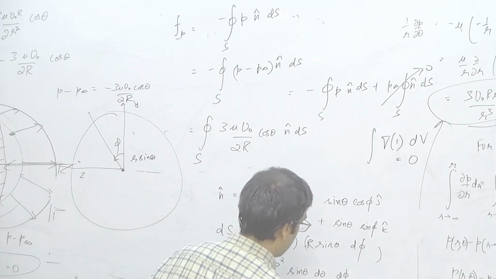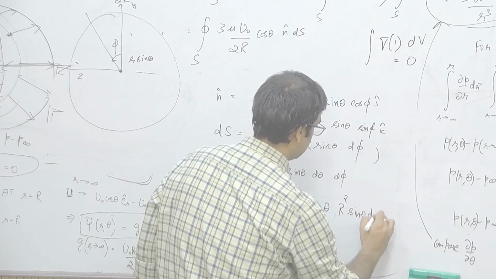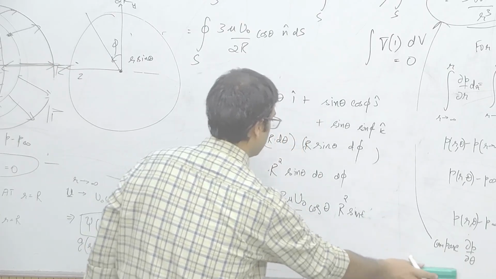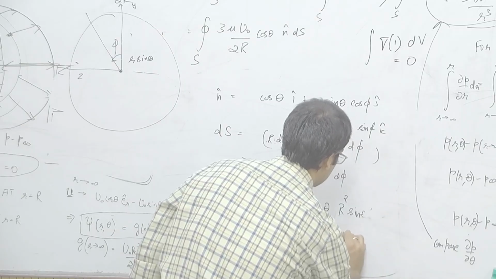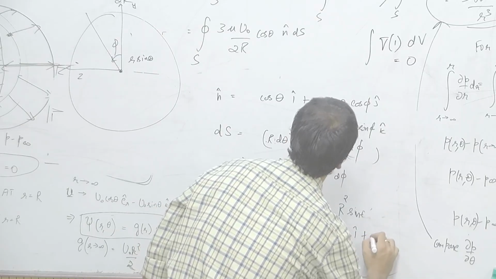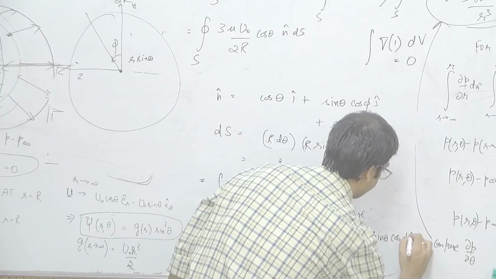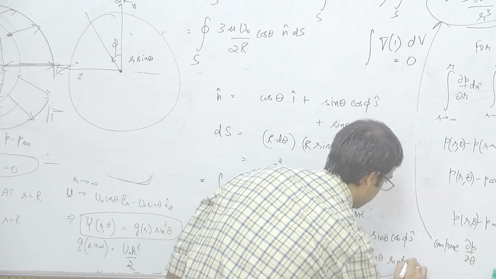So we have r square sin theta d theta d phi, and I have to write n hat also. So we will have a cos theta I cap plus sin theta cos phi j cap plus sin theta sin phi k cap.